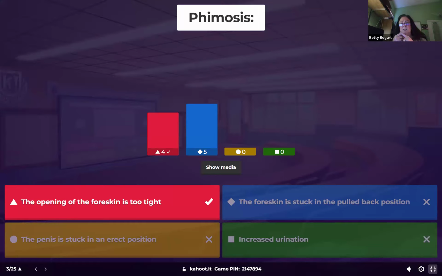That's a phimosis. The one that the foreskin is pulled back is a paraphimosis. That's when the penis head swells. Put cool water on it usually, and that's the way we usually can put it back if we're lucky.